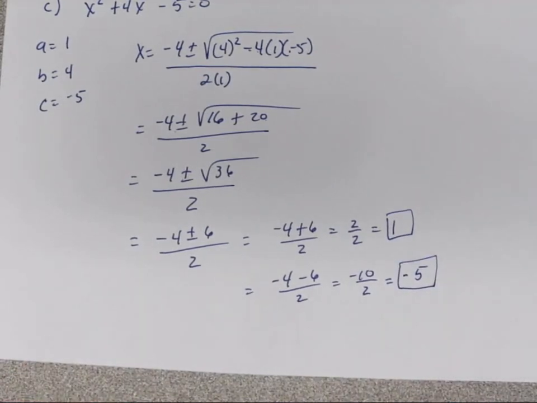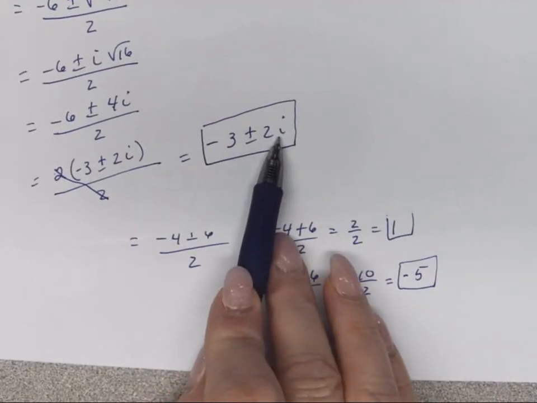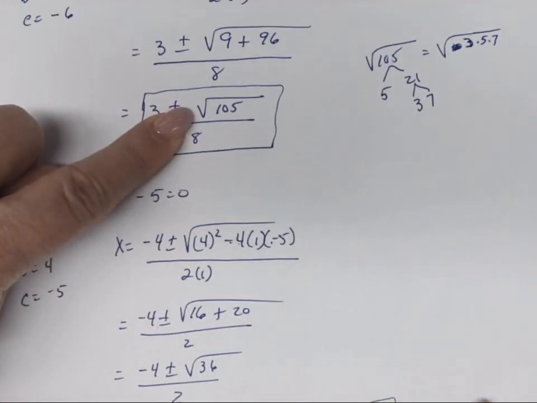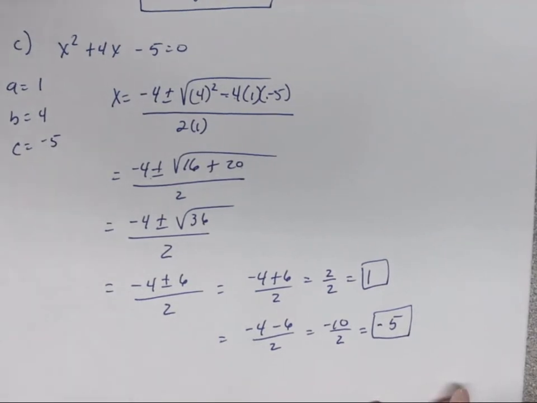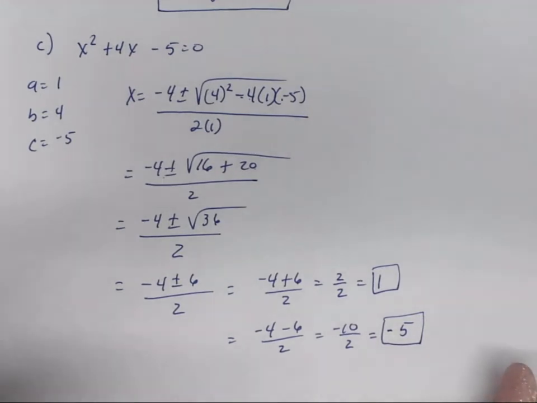So take note that on your quadratic formula, you can end up with something with an i. You can end up where you still have a radical. And you can end up with 2 numbers. And they can be fractions at this point, but 2 numbers. So there's 3 different ways you can get an answer on a quadratic formula.